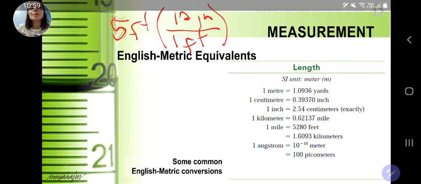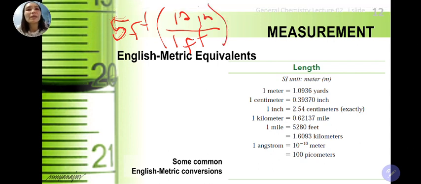So, yung paggamit ng conversion factor, malalaman nyo mamaya. So, 5 times 12 is 60. So, mag-cancel out, you have 60 inches. So, plus 4 inches kanina. So, 64 inches.